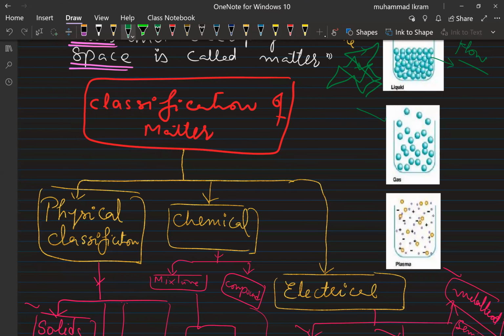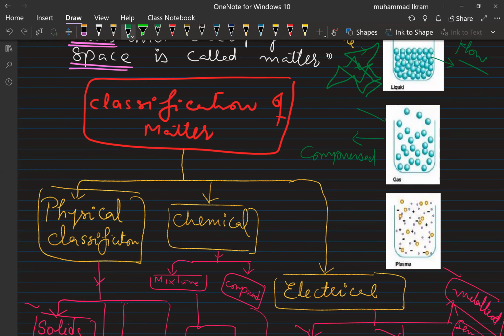The intermolecular forces are very weak compared to solids and liquids. So gases are much lighter than solids and liquids. They can be compressed to a great extent, right?